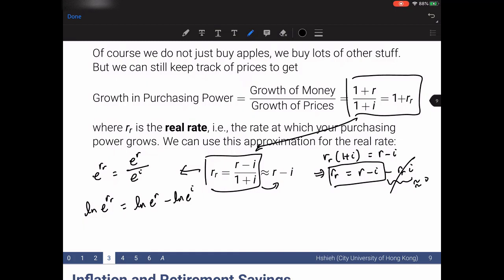So we should just get RR equals R minus I, okay? So that's how we get strict equality if we were talking about continuous compounding interest rates as opposed to simple periodic discrete compounding.